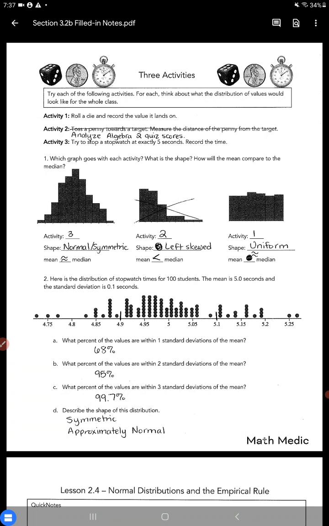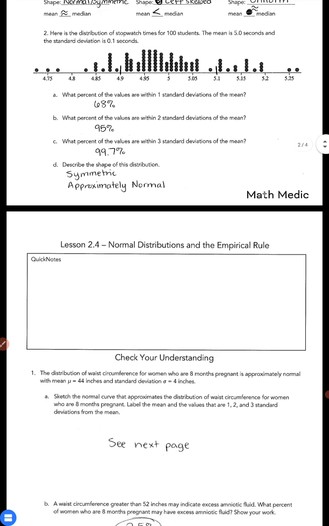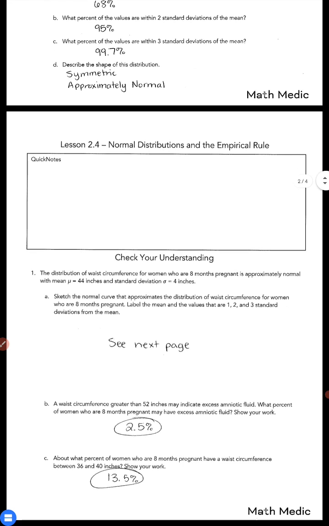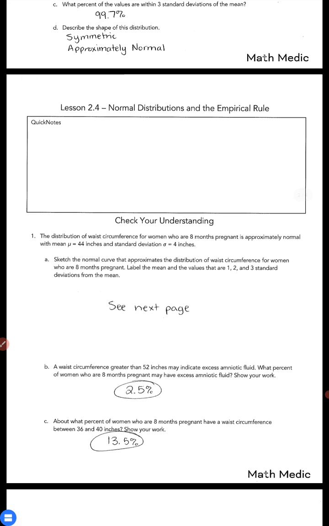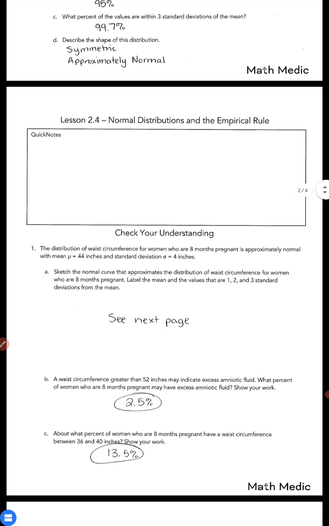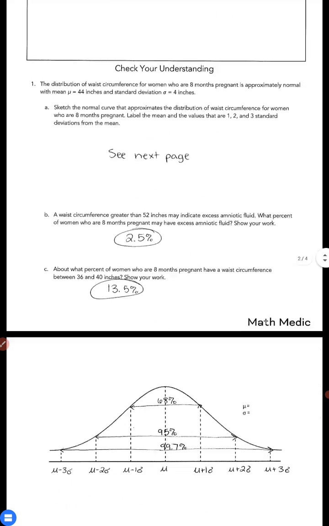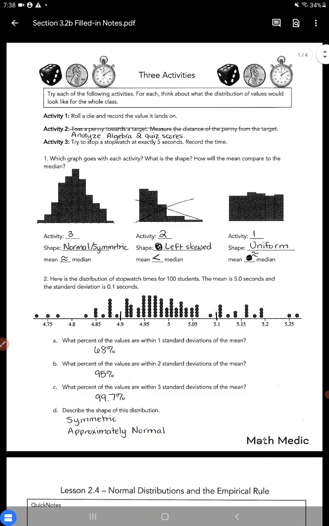So we can actually use the shape of a distribution to help us figure out some things about that distribution. Okay, so we have two different rules that we are going to talk about. One of them is called the empirical rule. One of them is called Chebyshev's inequality. Okay, that's a mouthful. So here's what you need to know. The empirical rule is used only for symmetric data sets that are bell-shaped.